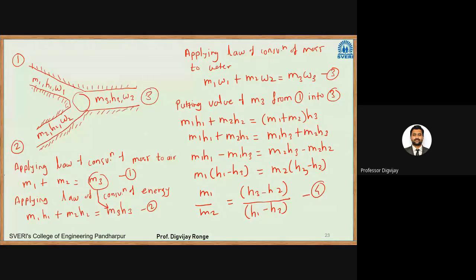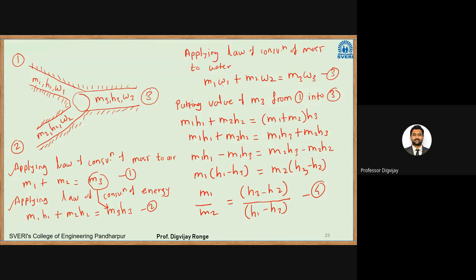I started with the law of conservation of mass to the air. So if you see the diagram, obviously M1 plus M2 will give you M3. If I apply the law of conservation of energy, I have to multiply the mass flow rate by its enthalpy. So M1 H1 plus M2 H2 will be equal to M3 H3. Okay, this is also correct. If I apply the law of conservation of mass to water, I have to multiply the mass flow rate of air by its specific humidity.